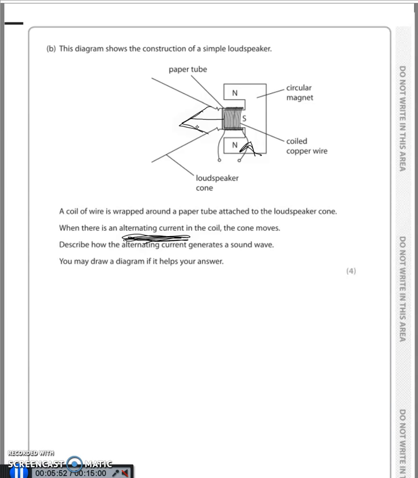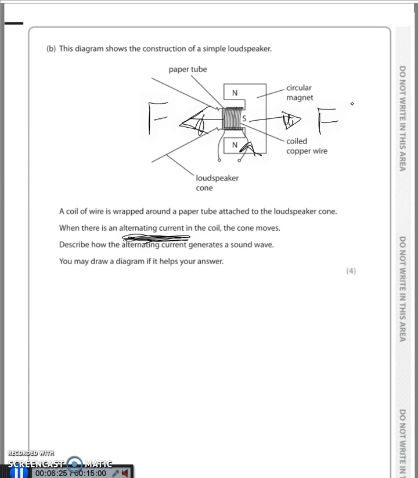But alternating current is the one where it continually changes direction. So for direct current, it would produce a force in one direction, but for alternating, it's going to produce an alternating force that is constantly also changing direction. And in this case, in and out. So the way that the coil is wrapped around the magnet and the shape of the magnet mean that your forces end up pushing in and out.